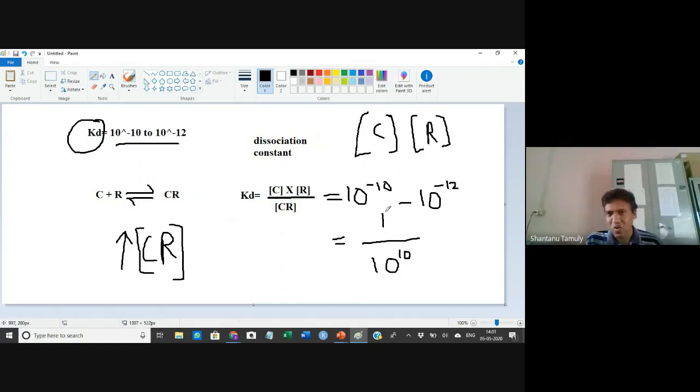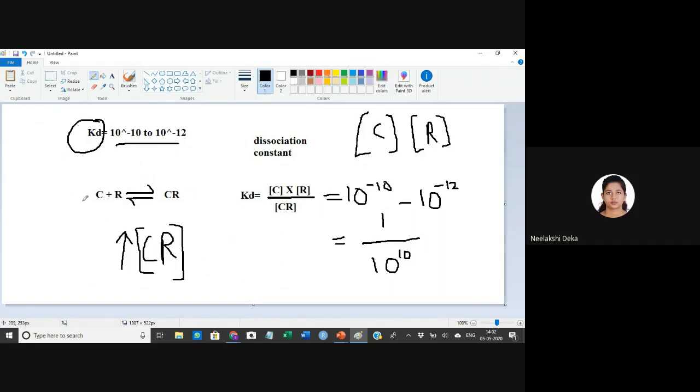This means that when we added receptor and the cytokines together, only one molecule of cytokine and one molecule of receptor did not bind. The rest, 10 raised to power 10 of them, bound. So the lower the value, the higher the affinity between the compounds. Here we are not talking about compounds, these are proteins only.